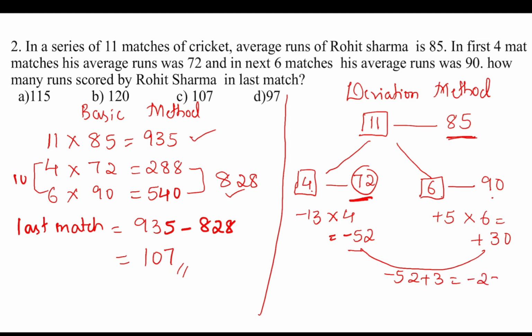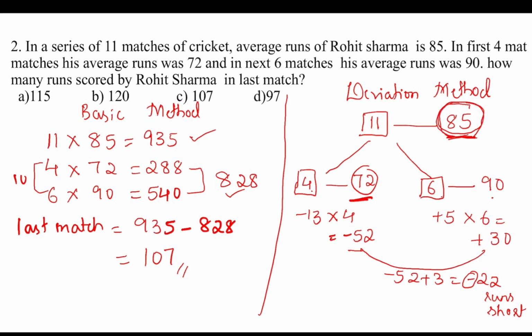Minus 22. Means he is still running 22 runs short. This 22 he has to score in the last match so that he can keep his 85 average fixed. If he scores it in the last match, his 85 average will be the same.